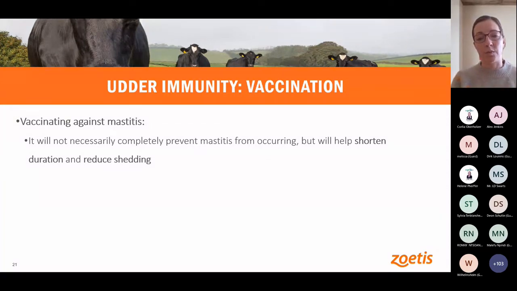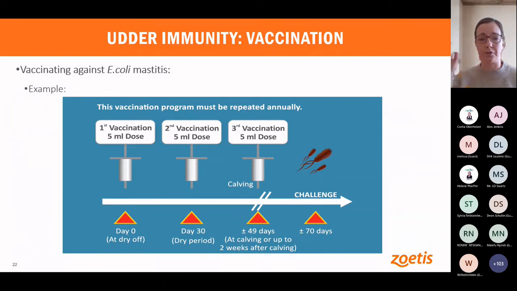So in other words, it will help reduce the infection pressure in the environment, and that would help your other cows to be less likely to be exposed to this type of pathogen. All right, so this is one of our vaccines. I just want to show you an example of a program.